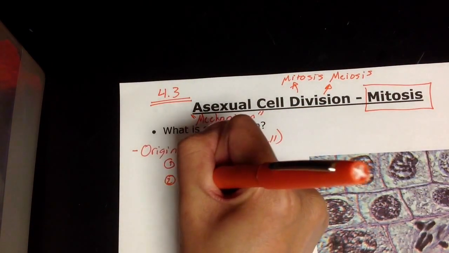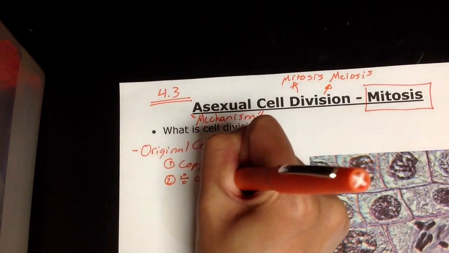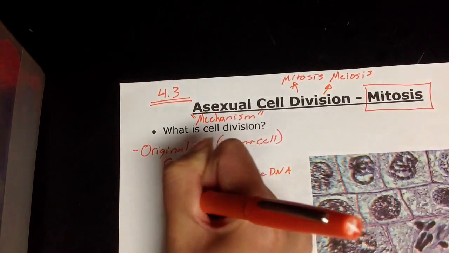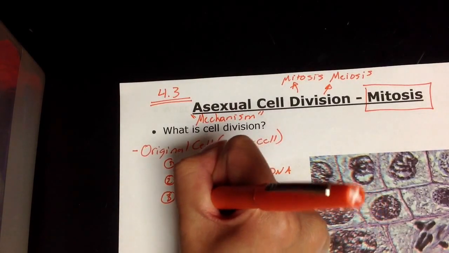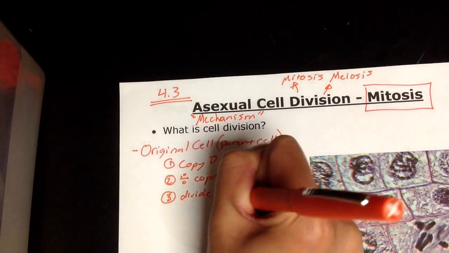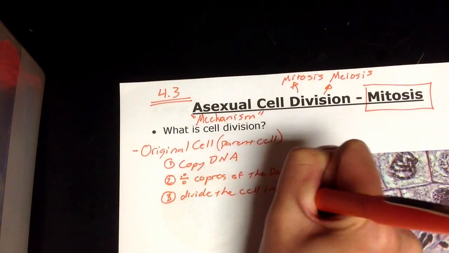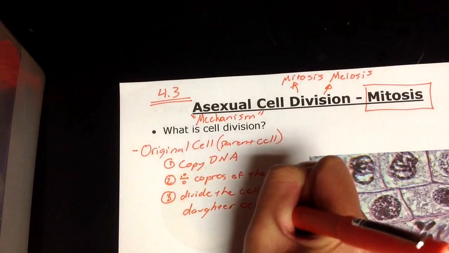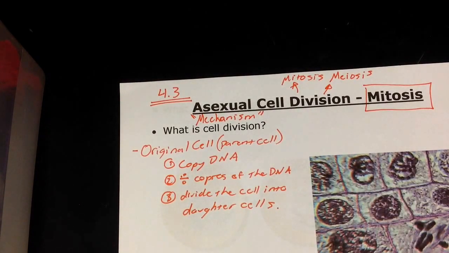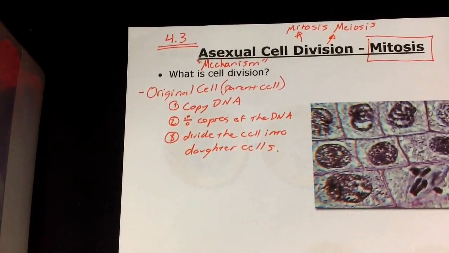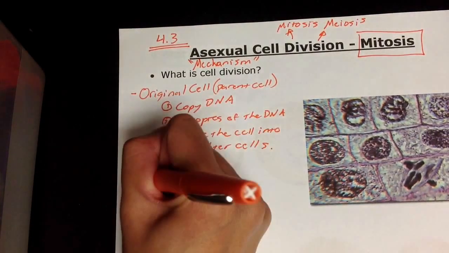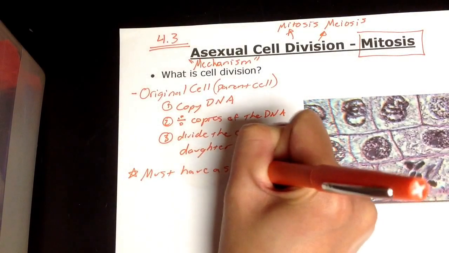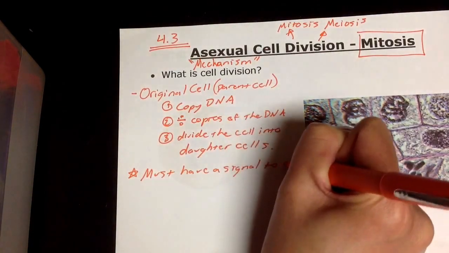Then you need to divide the copies of the DNA, and then eventually you'll divide the cell into what's known as daughter cells, and that's going to be your final product. But for cell division to occur, you must have a signal to get started.